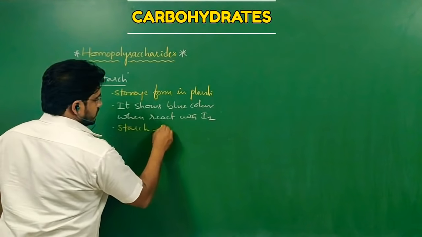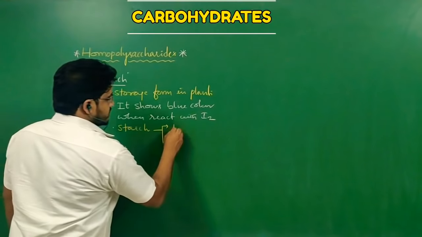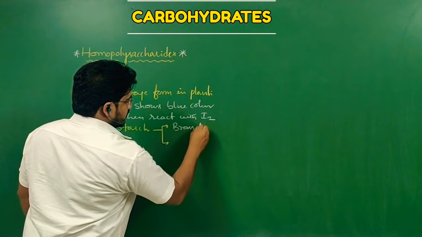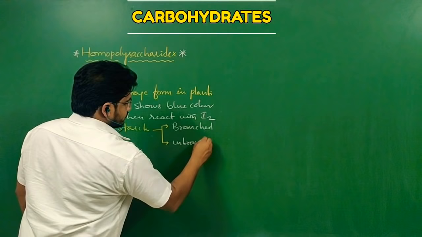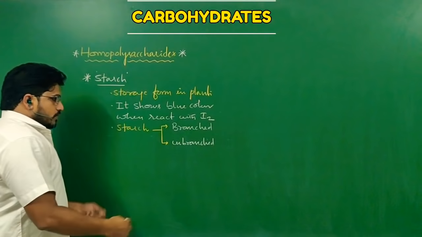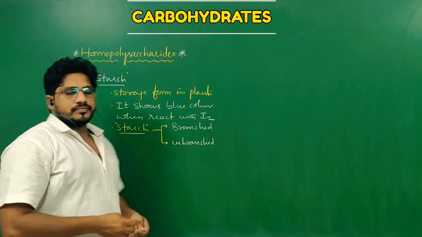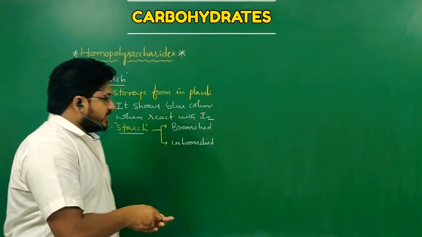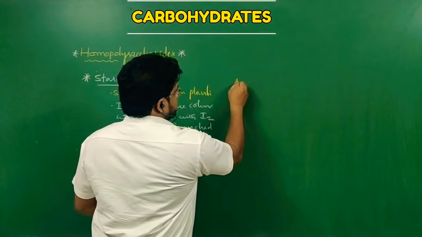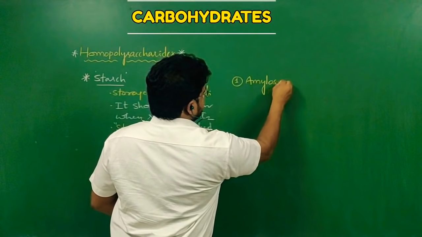Starch has two forms. One is branched, another one is unbranched. In some books, starch is generally mentioned as branched. That is absolutely wrong. Starch has two forms. Let us see what the forms are. The first form is amylose.